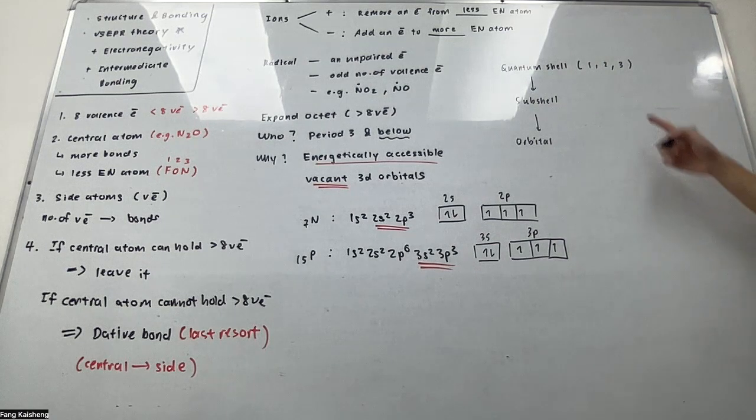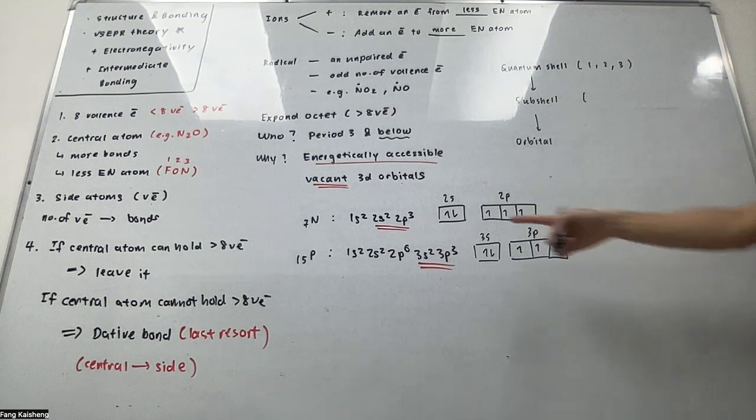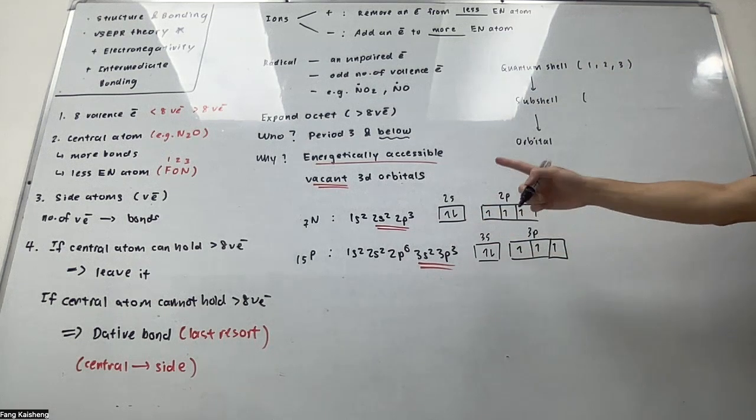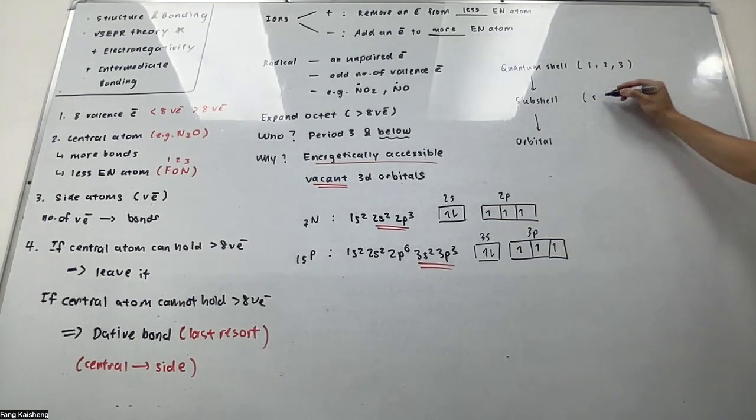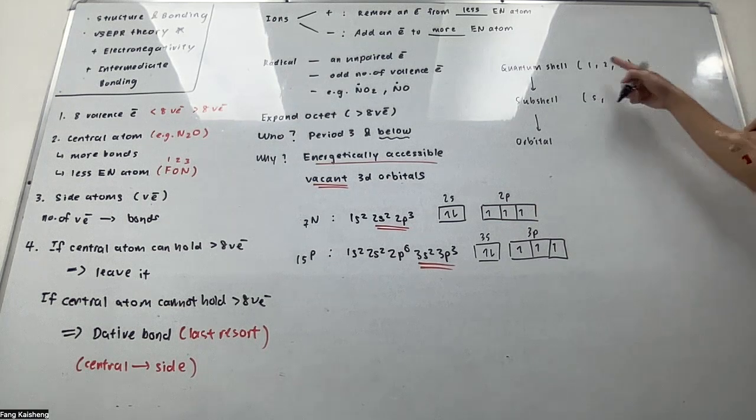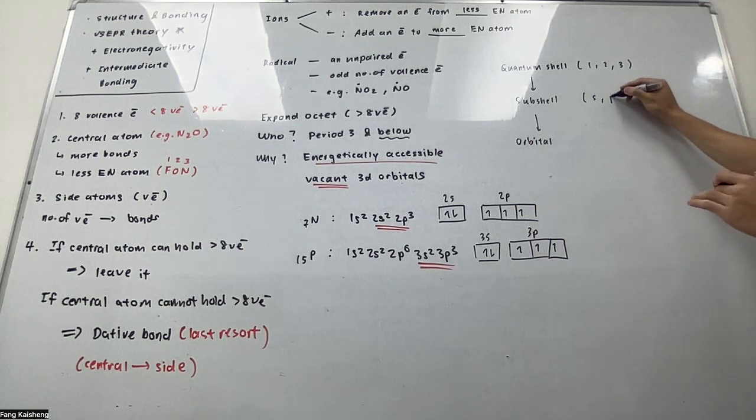Guys, the first quantum shell has how many subshells? The first quantum shell only has the s subshell, right? Second quantum shell has what? Is it just p? s and p. So the first shell has s. Second shell has s and p.